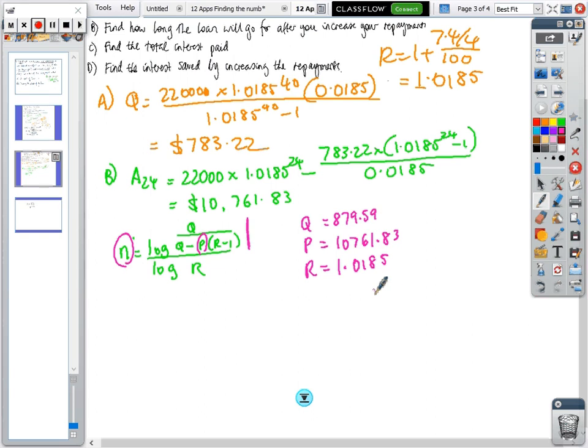So this separate calculation at the top, we've got $879.59 divided by 879.59 minus 10,761.83 times R minus 1, which is just 0.0185.